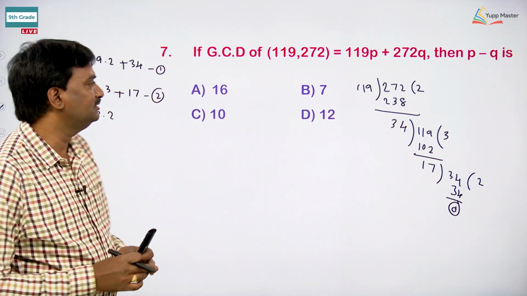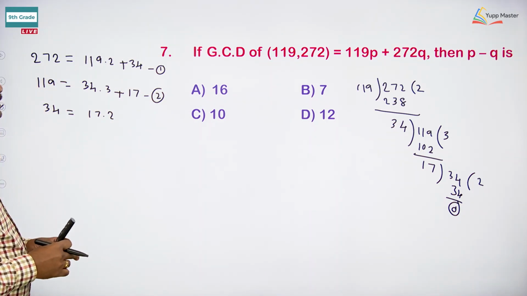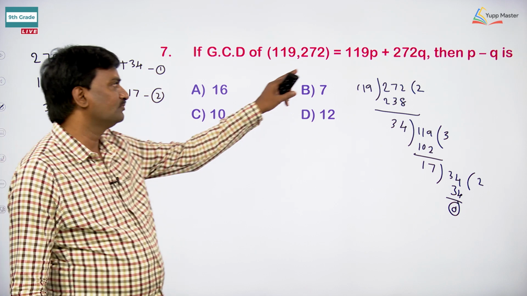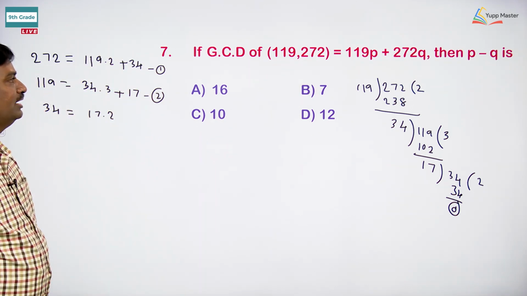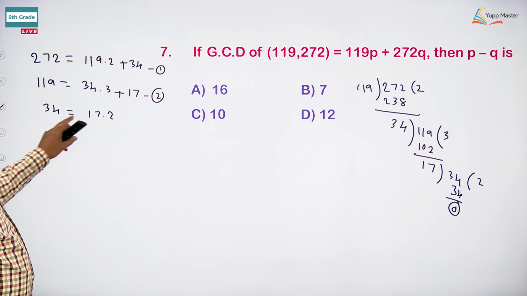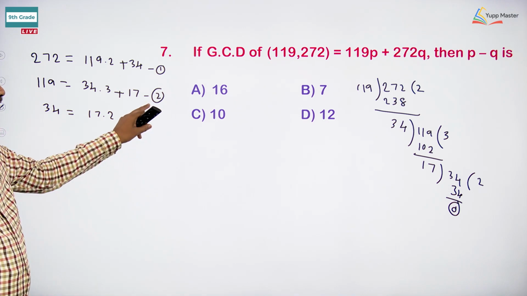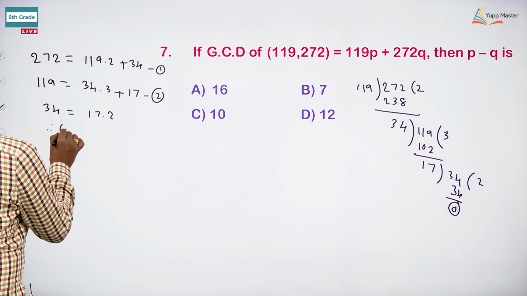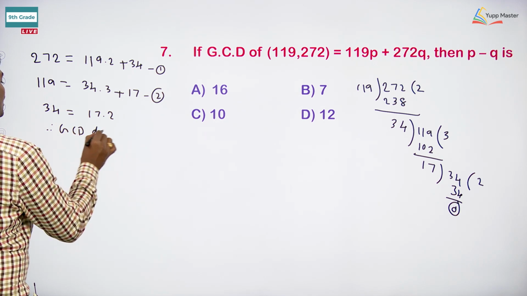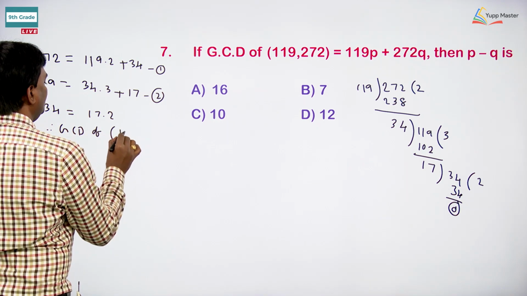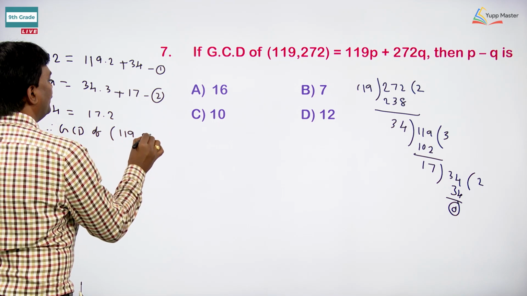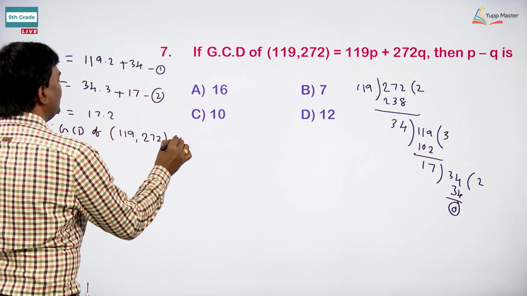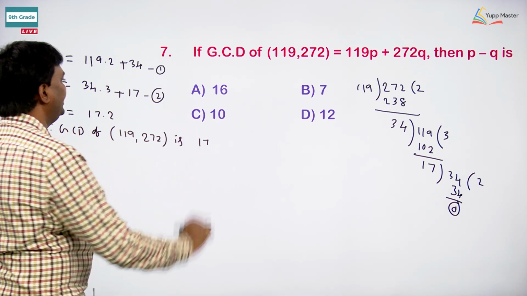Now we have to express this in the form of 119p plus 272q. Therefore, the GCD or HCF of 119 comma 272 is 17.